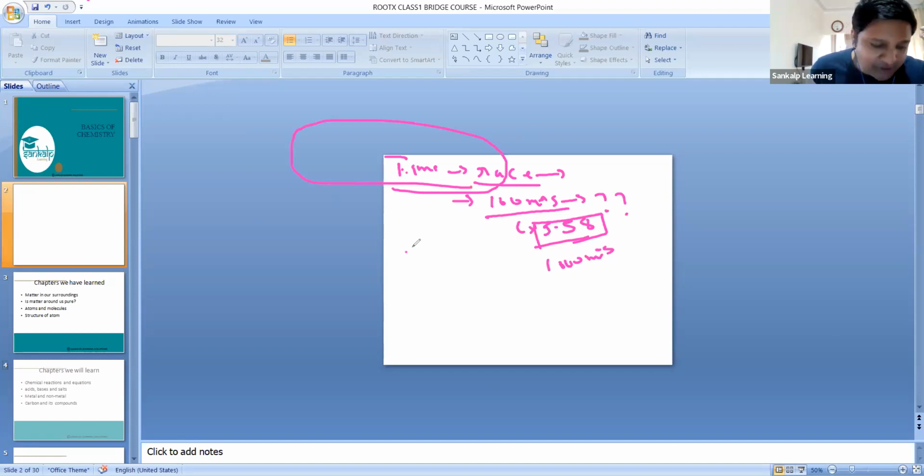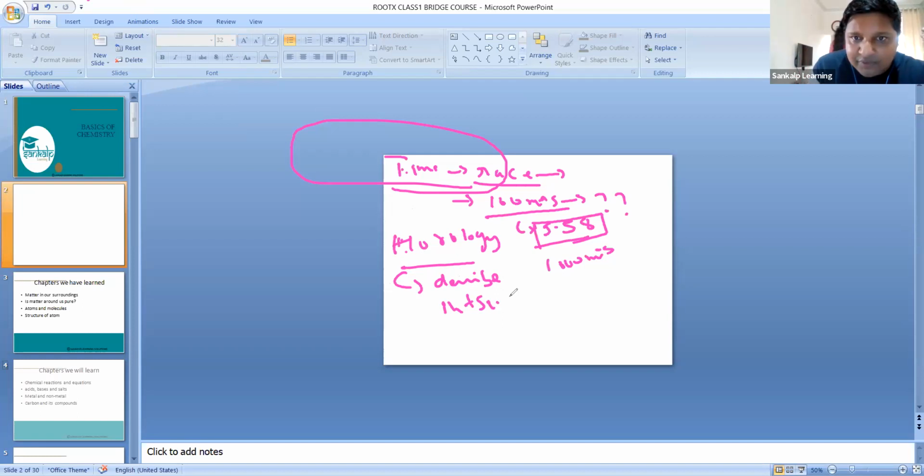So the first device which was used to measure time in ancient times. In ancient time, there was a branch of studies called horology. Horology is a branch used to study the devices or instruments which measure time.